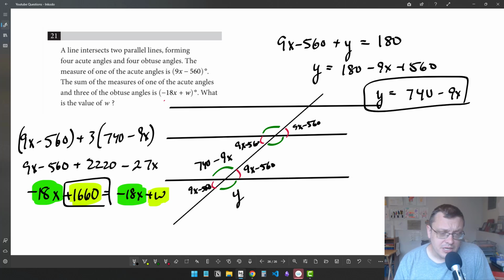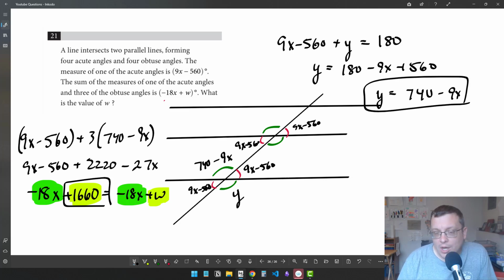Another option for this one, if you didn't want to deal with the w's and the x's and all this junk, is to pick a value for x that will make this problem make sense given the constraints, then figure out what you need based on that decision, and see what you get for w. We have to pick an x that gives us an acute angle here.